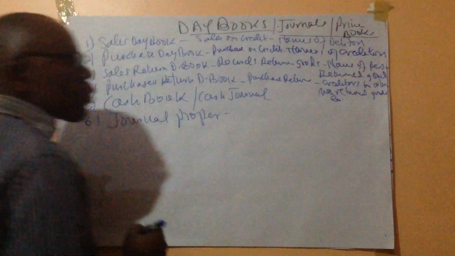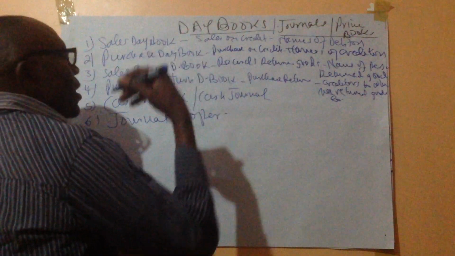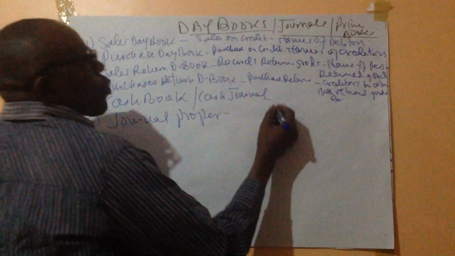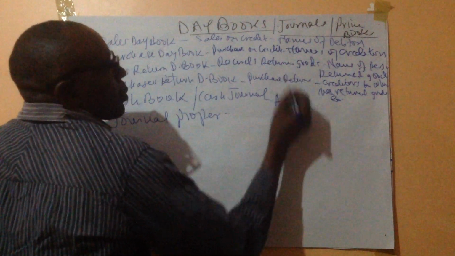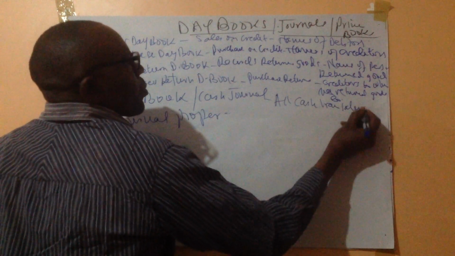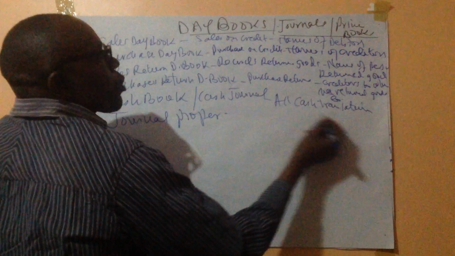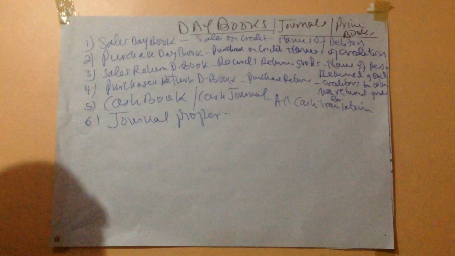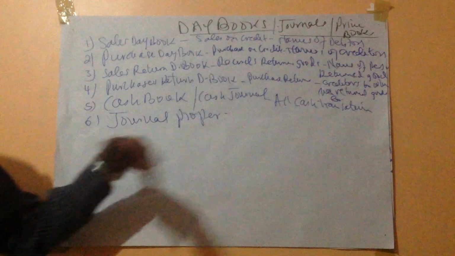Now we have the cash book or the cash journal. This one is used for recording all cash transactions in the books. Any cash transaction will always be recorded in the cash book. We always say it is multi-purpose.